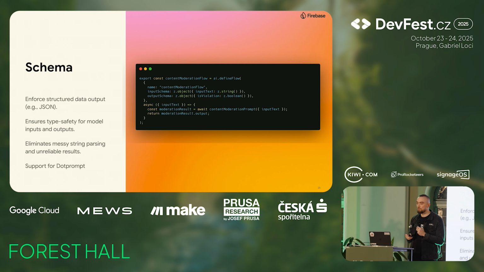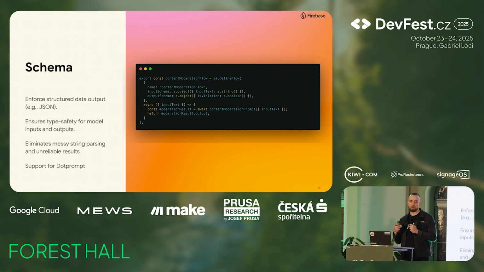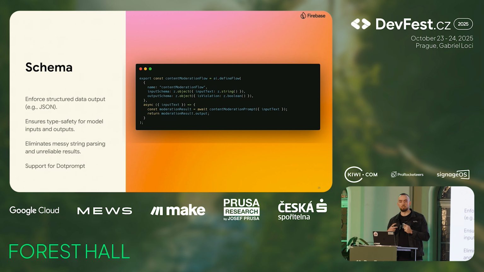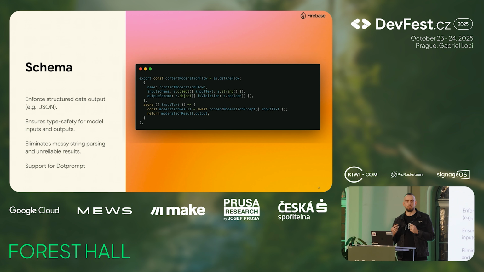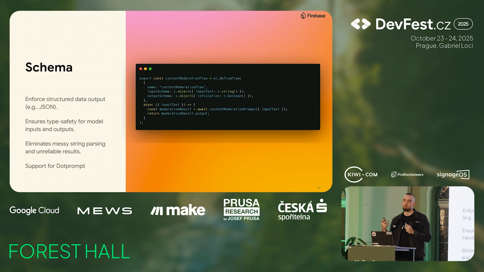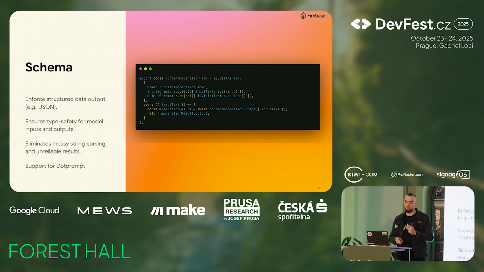Schema is something where you are pretty much enforcing some structure on top of your flow. You can say what's going to be your input and what's going to be your output. So you can enforce some type checks. You can enforce some type safety around the models. And it pretty much eliminates all the messy prompt strings that you are adding to the AI.